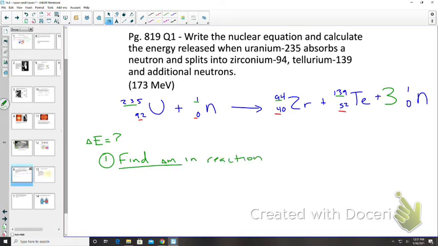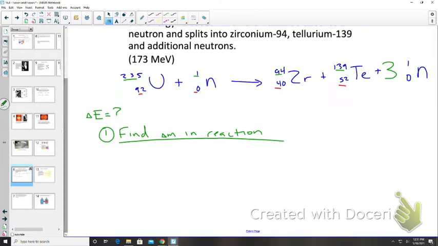Okay, and to do that, we're going to subtract the mass of the products from the mass of the reactants. So delta M is equal to mass of the reactants minus the mass of the products.